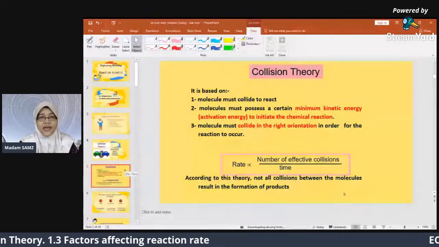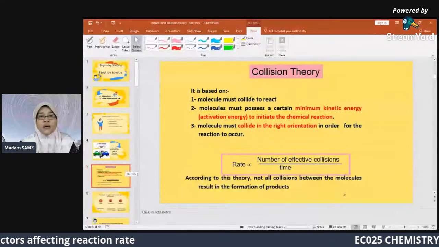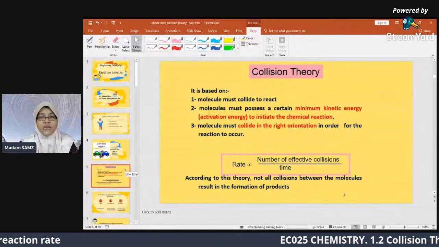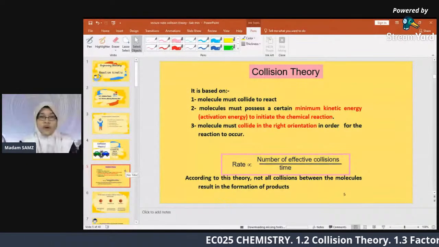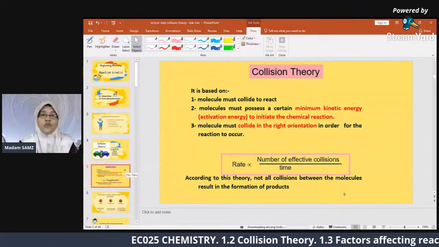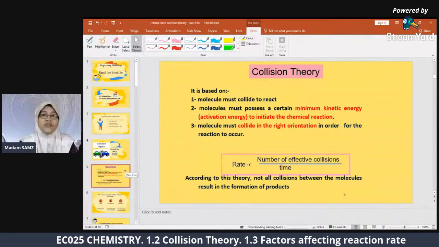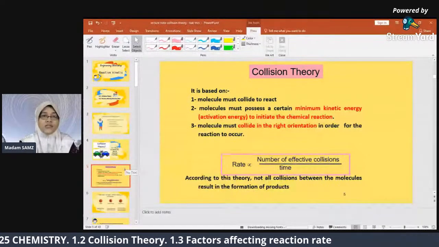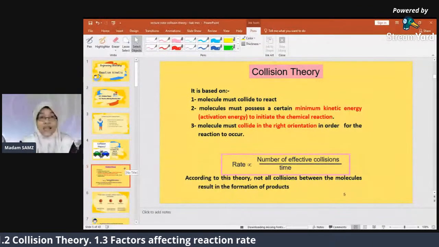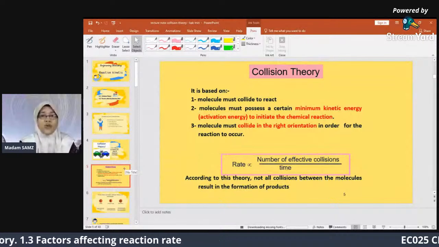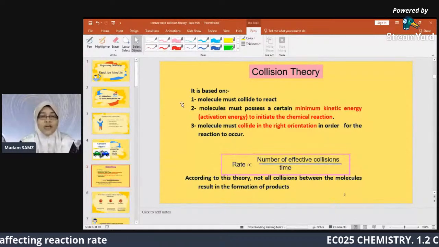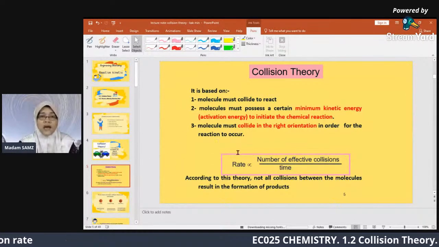The second one, molecules must possess a certain minimum kinetic energy that we call activation energy to initiate the chemical reactions. And the third one is molecules must collide in the right orientation in order for the reactions to occur.